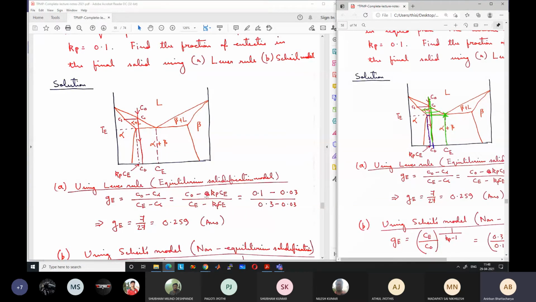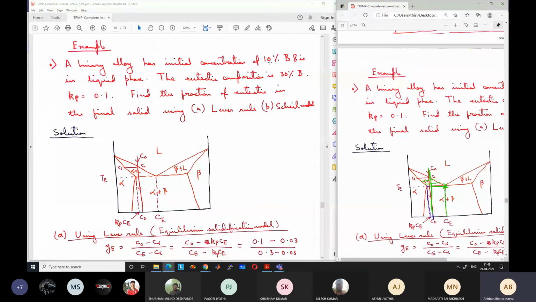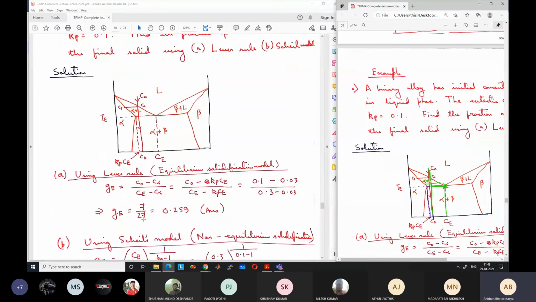Remember that C0 is given as 0.1, 10%. Kp is 0.1 and Ce is 0.3. So 0.1 into 0.3 is 0.03. Kp into Ce is 0.03, divided by Ce, which is 0.3, minus Kp into Ce, which is 0.03. So this gives us 7 by 27, which is equal to 0.259.